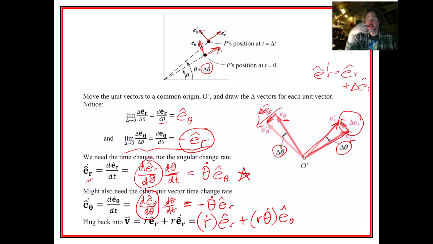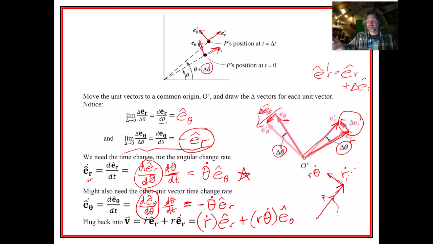One is the radial direction getting longer, that is the r dot; you could imagine this thing getting longer and longer and extending. But we also have the turning part of it, which gives a velocity component perpendicular to r, and that's r theta dot.